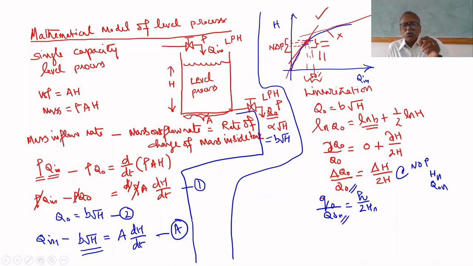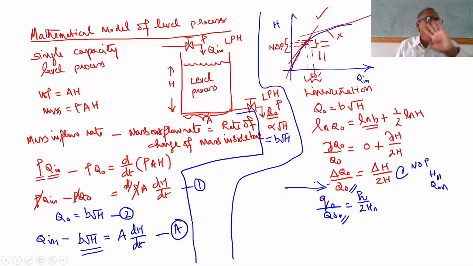What is the difference between Q naught and Q naught N? Q naught N is a constant, the nominal outflow rate, but Q naught is not constant, it is a variable. Because the nominal level never changes: 50% level means 50% level, and 50% outflow rate means 50% outflow rate.